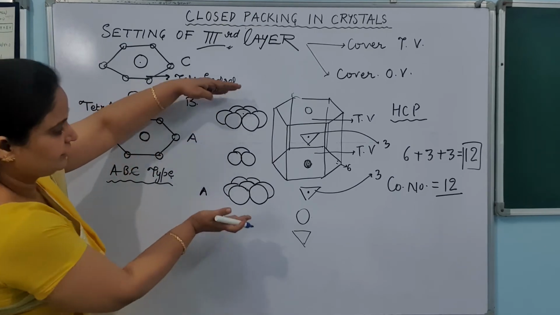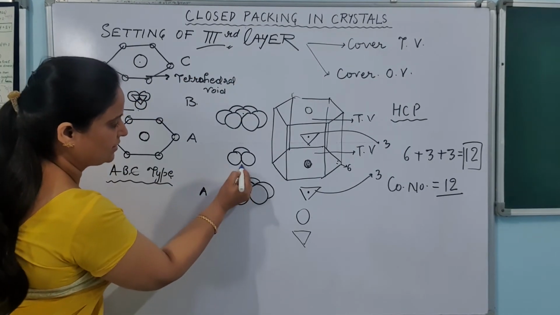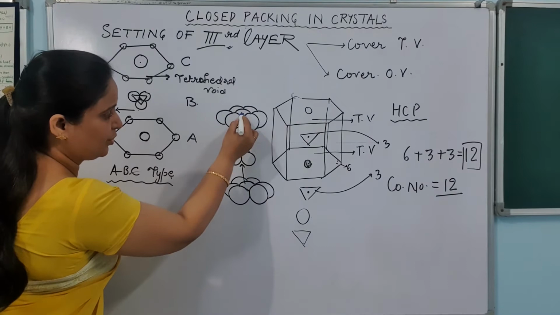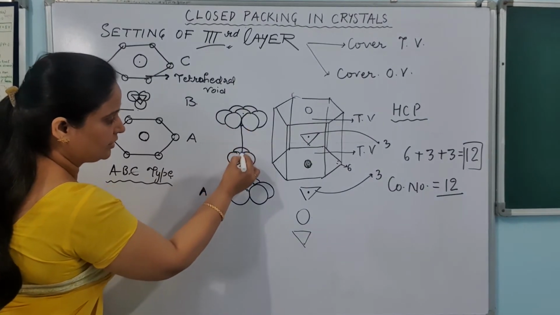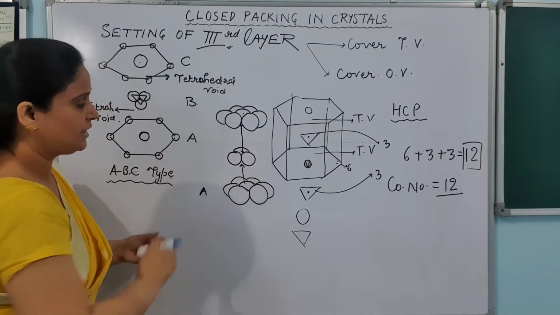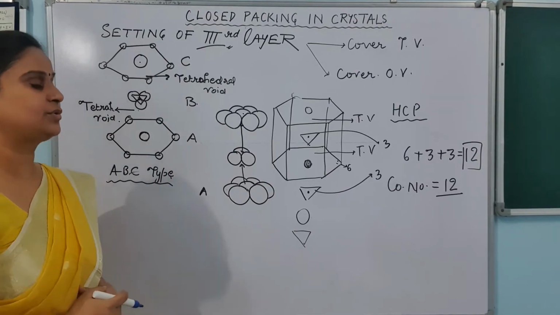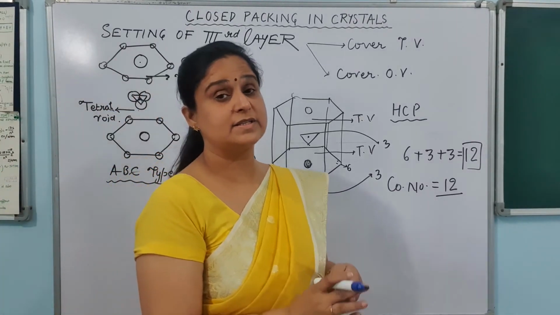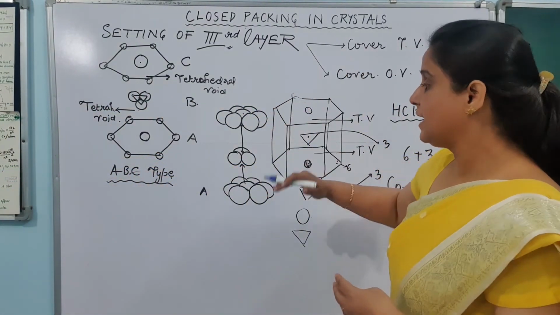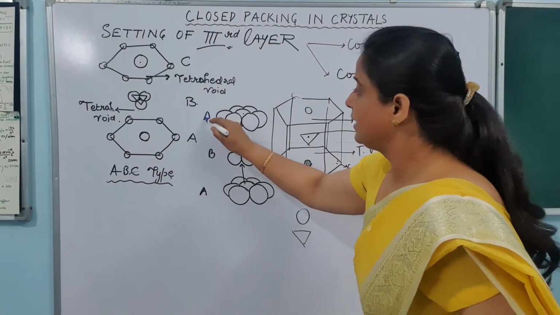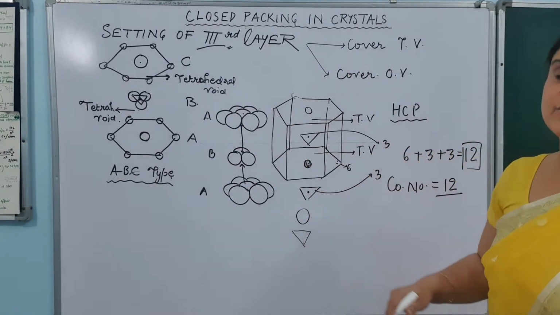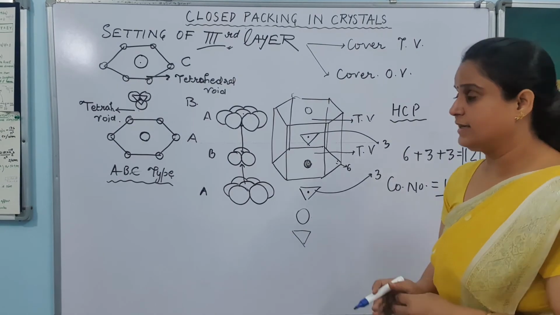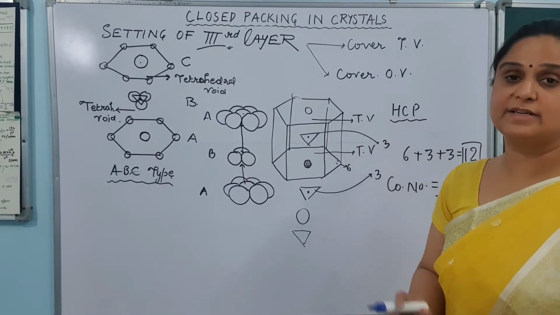So this type of arrangement is taking place. This on the groove and this ball on the groove. So this will give you the tetrahedral arrangement. I hope it is very clear to you now how the HCP crystal is formed by the A kind of arrangement. So this is called HCP layering, and this is how the HCP crystal is formed.